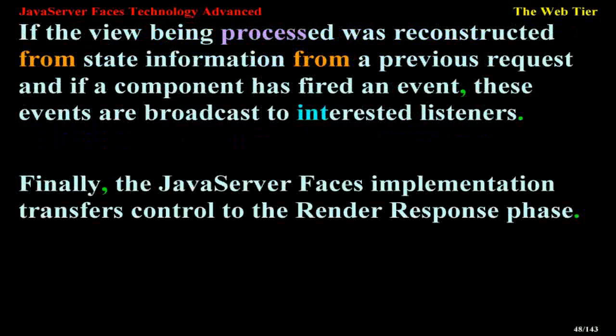If the view being processed was reconstructed from state information from a previous request and if a component has fired an event, these events are broadcast to interested listeners. Finally, the JavaServer Faces implementation transfers control to the renderResponse phase.